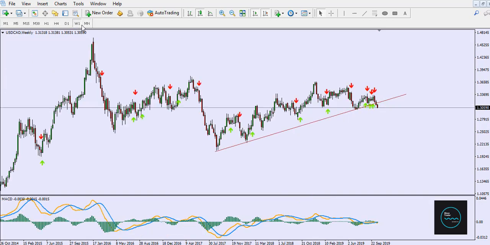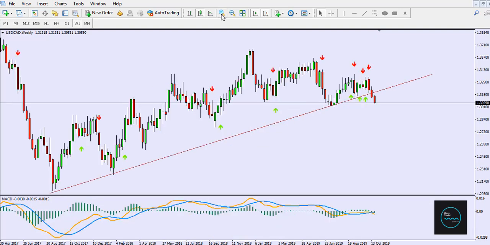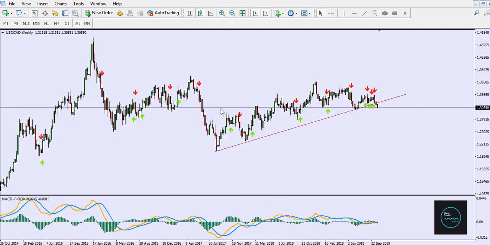So going to the weekly chart, you can see this prolonged channel here. And usually when there's a prolonged channel, it's called a bearish pennant for those of you trade pattern enthusiasts. Just like this, usually when it goes sharply up like this at an angle, it breaks to the downside.